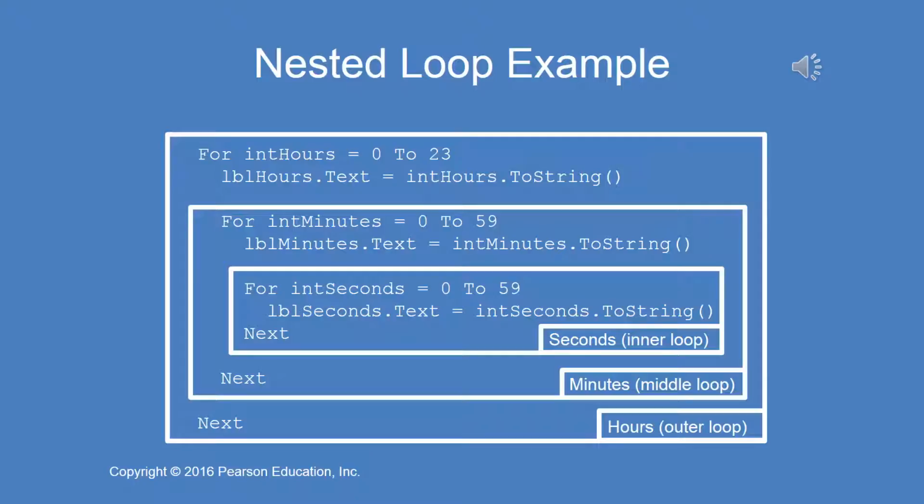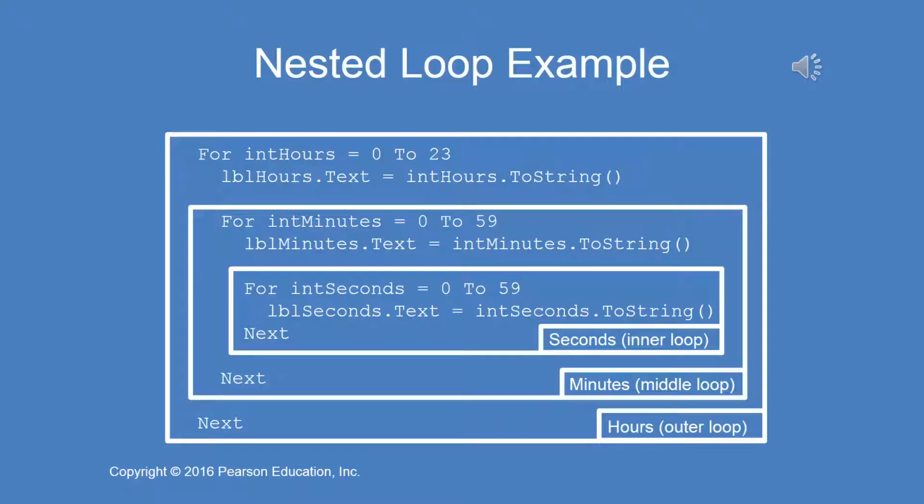So let's back out from inner to outer. Int seconds is going to iterate 60 times for 0 to 59, and then it will end, and then the first iteration of int minutes equals 0 to 59 will finish, and that will go from 0 to 1, will drop down into the body for the second iteration of the int minutes loop, and int seconds will go from 0 to 59 again.